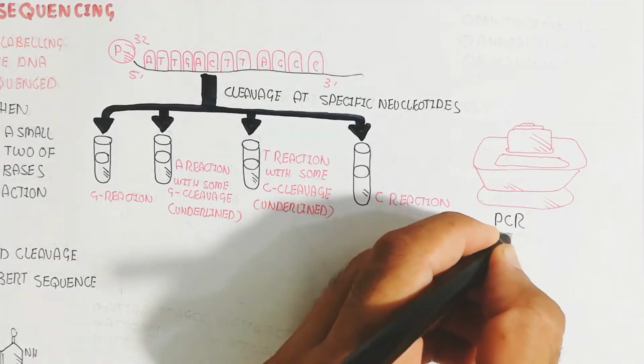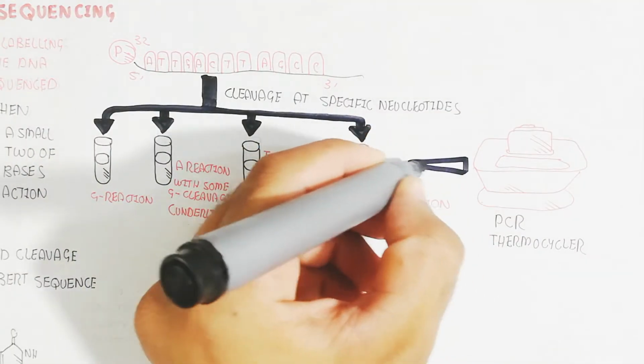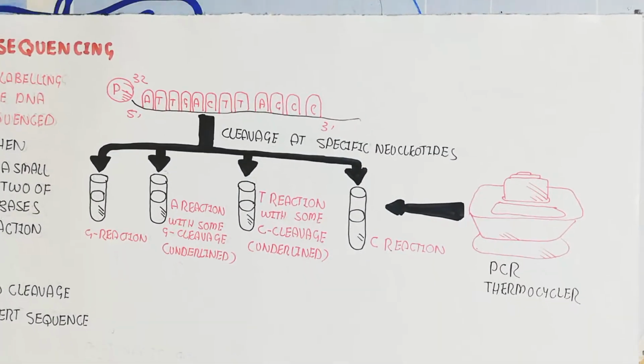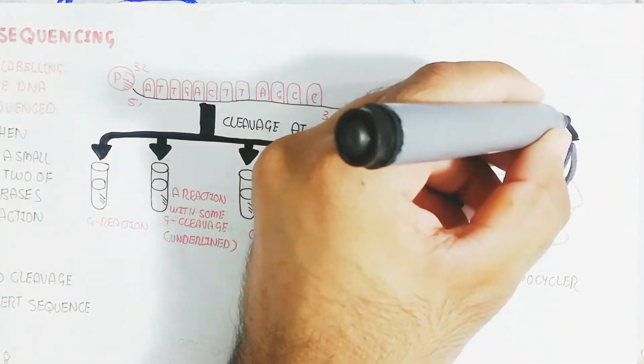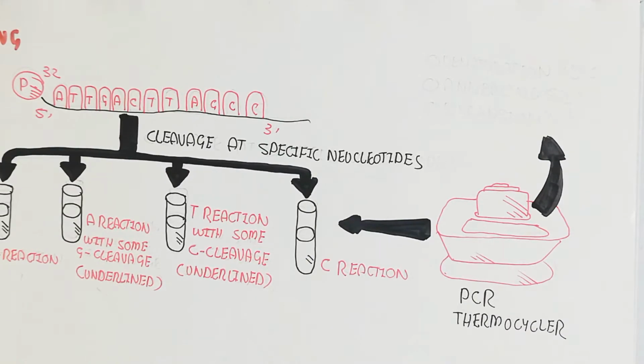This is basically like what occurs in PCR, the thermocycler, where each cycle contains phases. The first phase is denaturation of the DNA at 92 degrees Celsius.